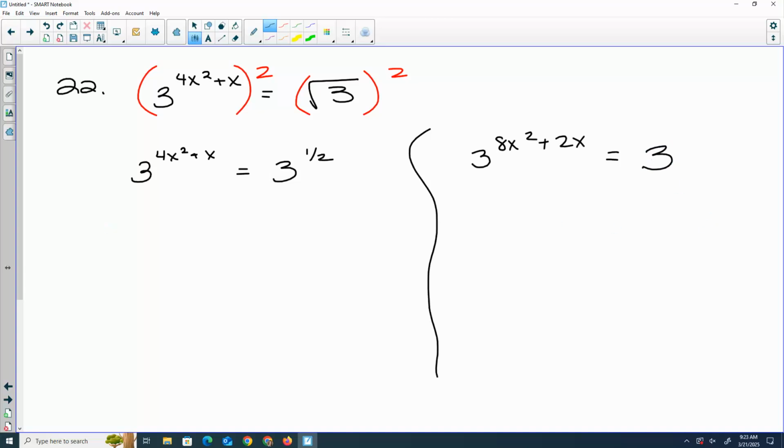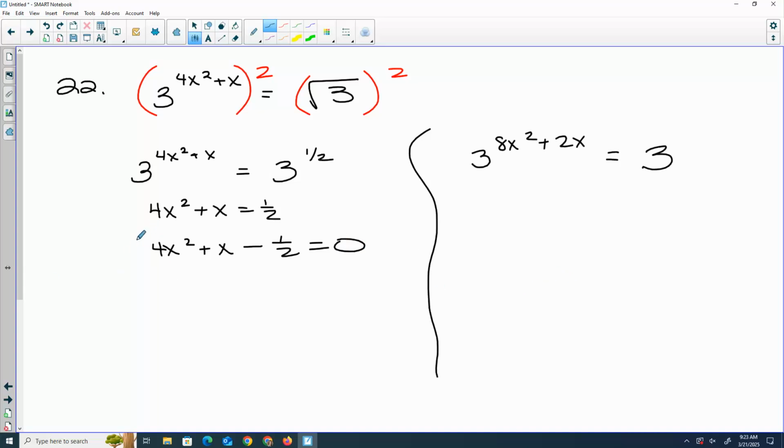Which one do you want me to work with? I did the one on the left. One left, okay. So now we can set our exponents equal. So we can subtract over the 1/2. Again, we have a couple options.